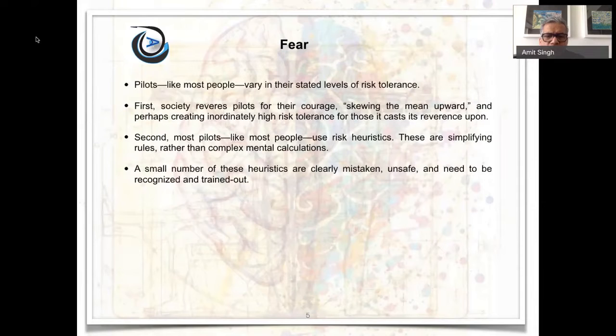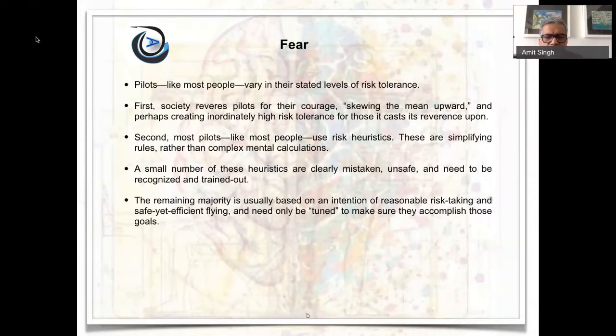Small number of these heuristics are clearly mistaken, unsafe, and need to be recognized and trained out. So regularly, if you train, then these can be identified and straightened up. The remaining majority is usually based on an intention of reasonable risk taking and safe yet efficient flying, and need to be tuned, make sure they accomplish these goals.